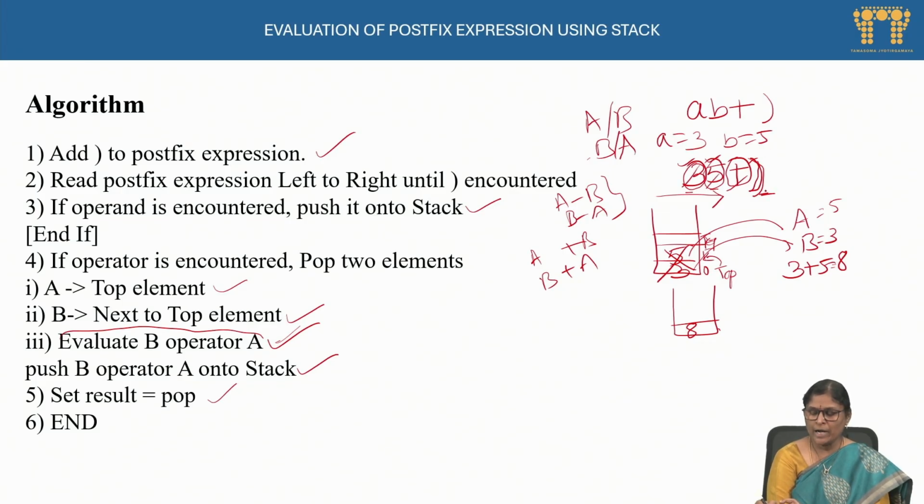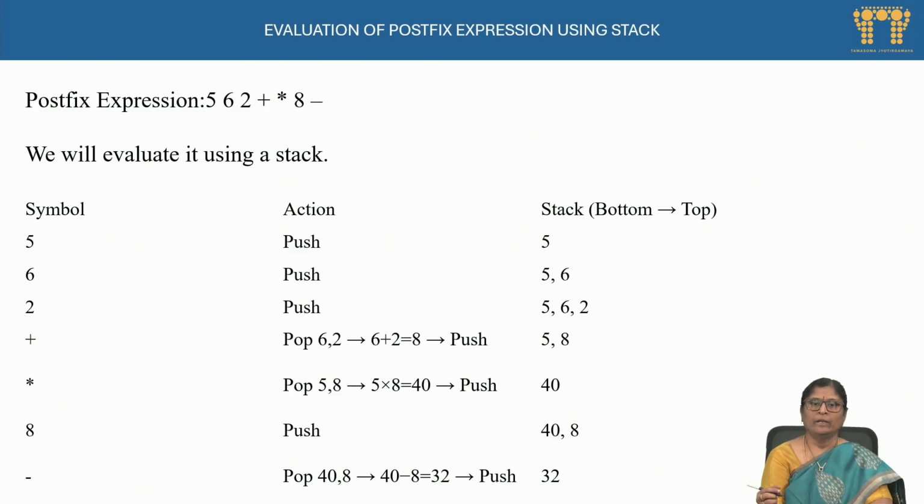Now the next scanned element is the right parenthesis. Whenever a right parenthesis is encountered, you have the result on the top of the stack, so you pop it and print the result. This is the algorithm to evaluate a postfix expression. Now we see another 2 examples which evaluate a postfix expression using the stack.